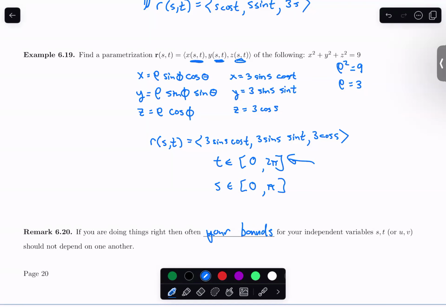The bounds for that, it just has 0 to 2 pi. And likewise, S here goes from 0 to pi. Now that's not always the case. This is not a theorem that says that they'll never rely on one another, but quite often for nice problems, you should have some nice constants there. All right, any questions so far?